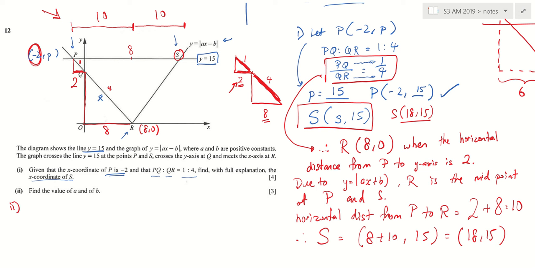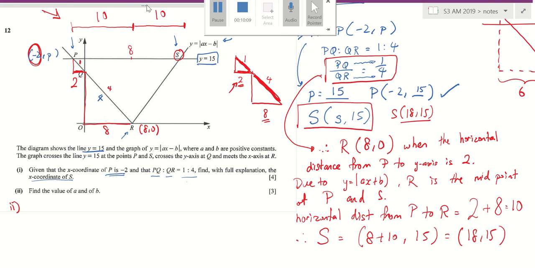Then I want to find A and B. I believe you sub in the values. So you sub in P, you get two unknowns. You sub in S, you should have two unknowns. I want to believe there's actually an easier way to do it.